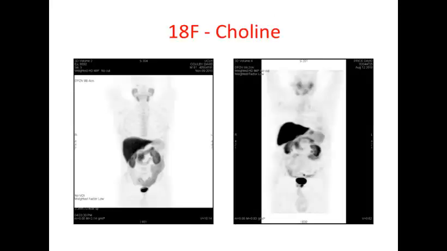So this is a choline. This is the normal distribution. This is a case of prostatic cancer with metastatic iliac node.